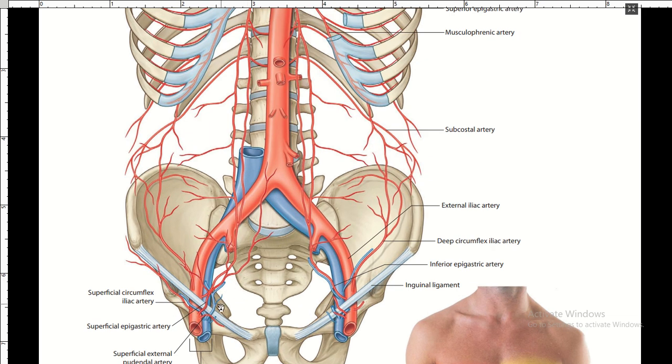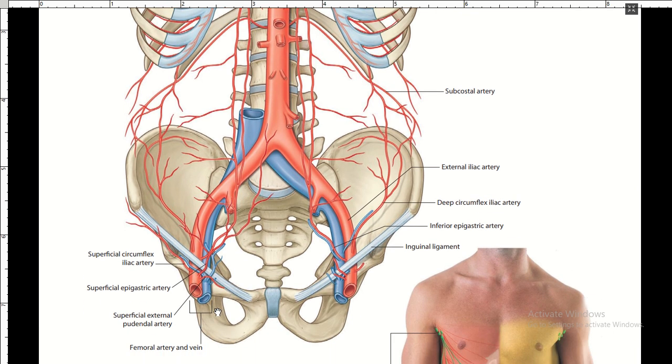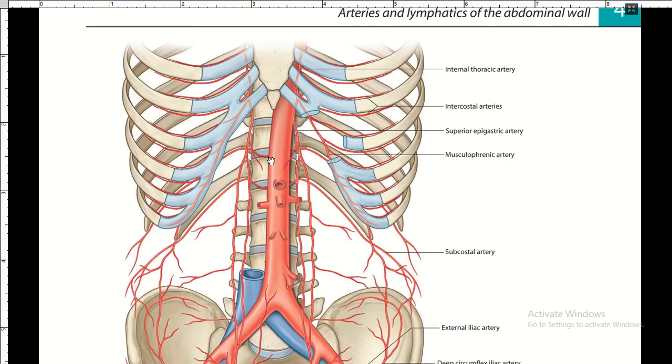It may not be labeled right here, but it's going to give this branch here. That's your inferior epigastric artery. So this inferior epigastric artery will anastomose with the superior epigastric artery.